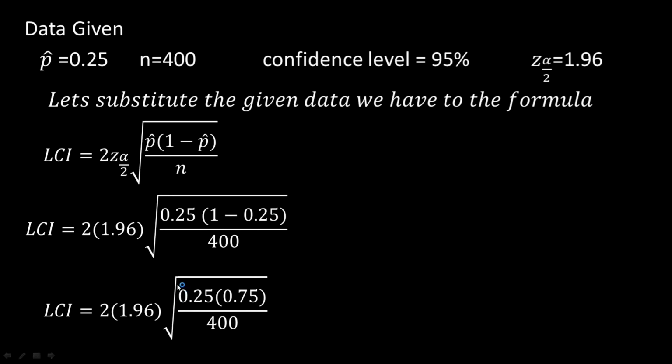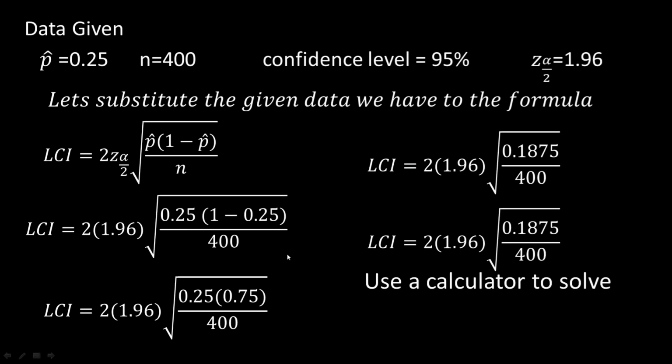Then, next is multiply natin yung 0.25 times 0.75. So, LCI is equal to 2 times 1.96 times the square root of 0.1875 over 400. Then, use your calculator to solve.